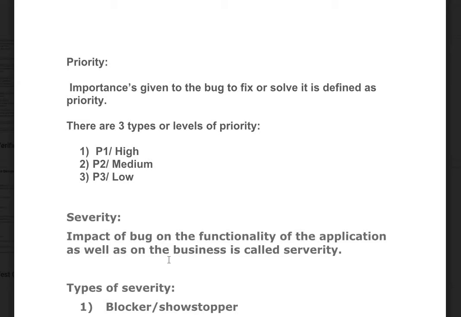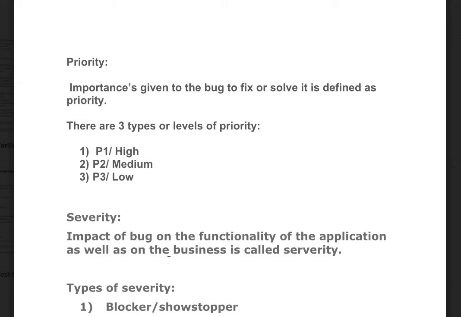When there are 2 or 3 bugs, out of which one bug has a priority set as P1 or high, and the others have P2 and P3, the developer will give more importance to fixing the P1 or high priority bug first.